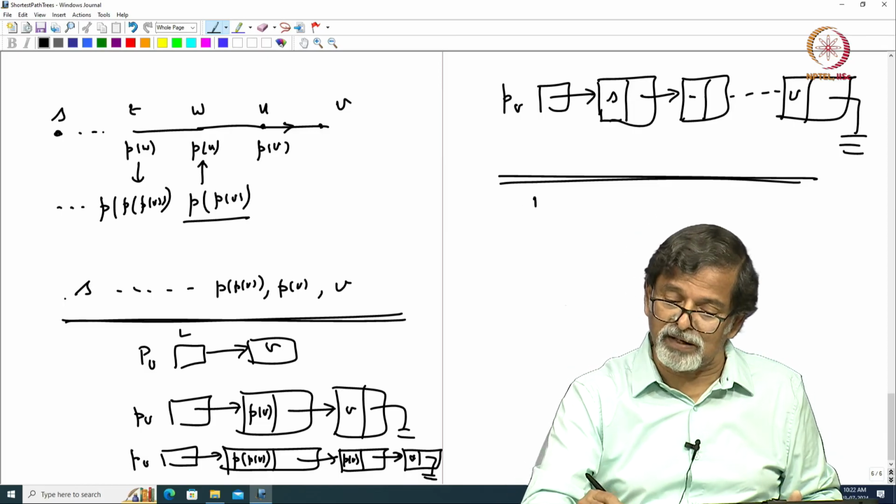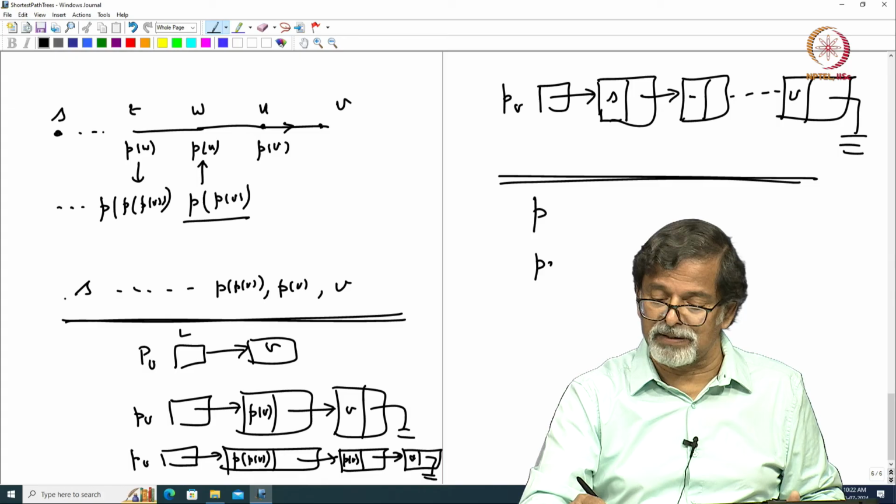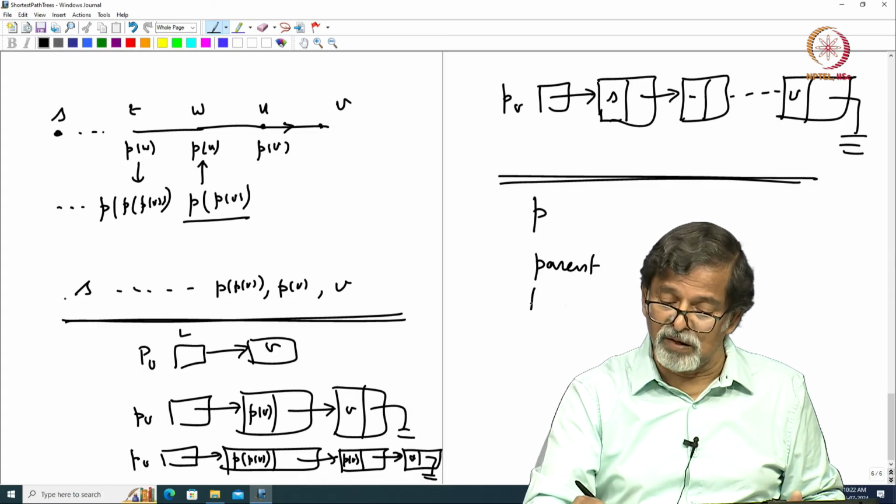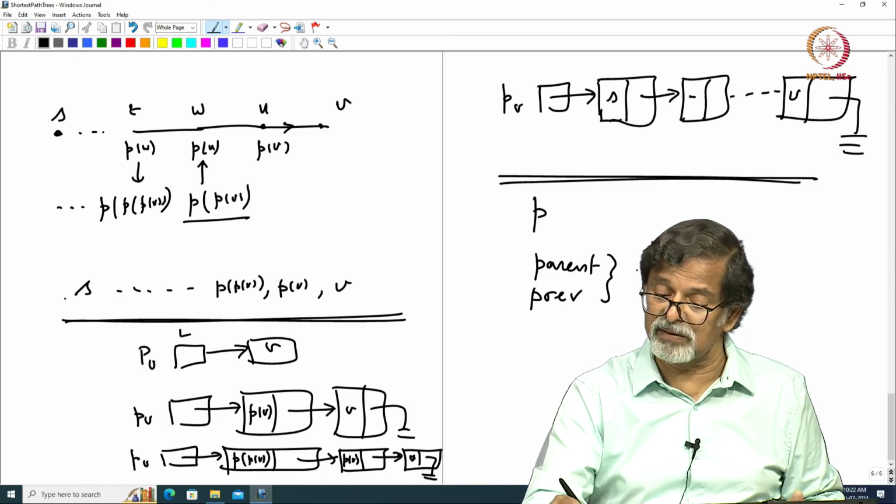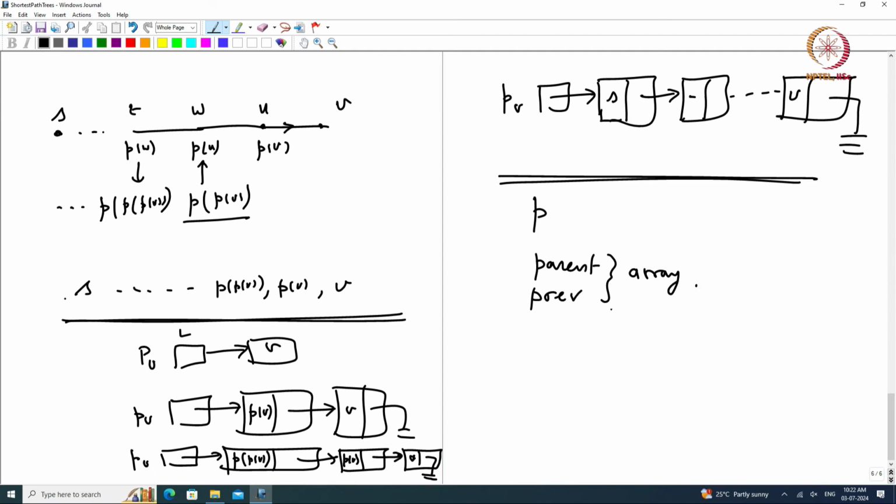Okay? The P array is called parent array or previous array, this is the name or interpretation of this P array.